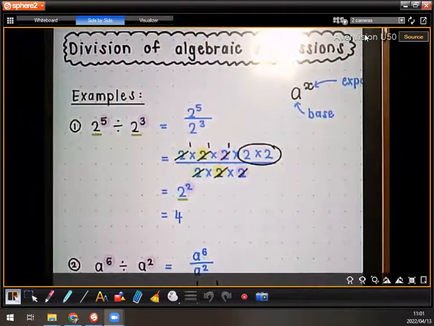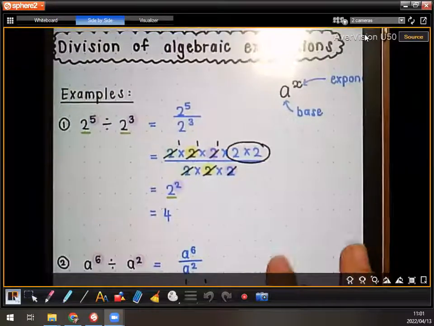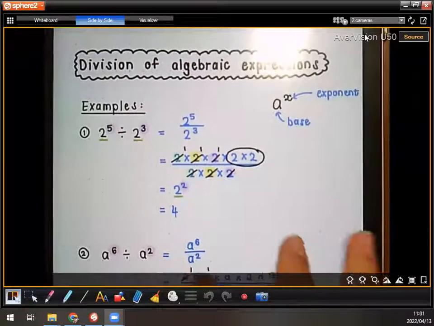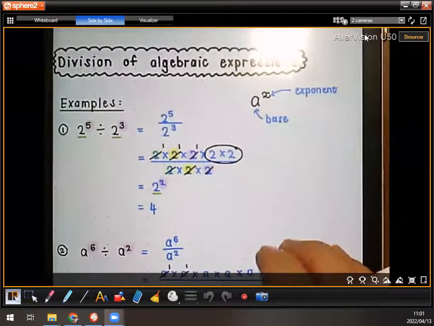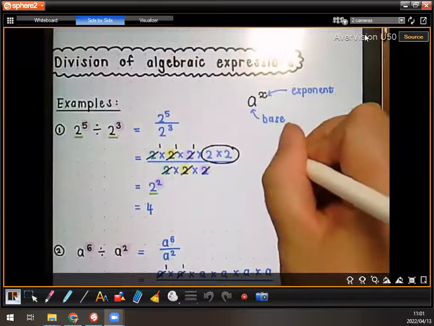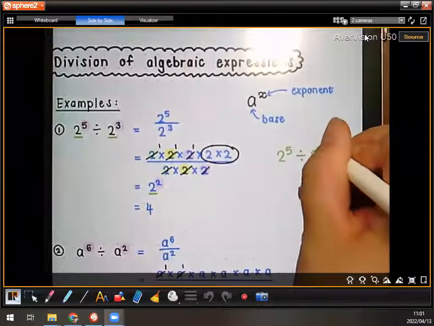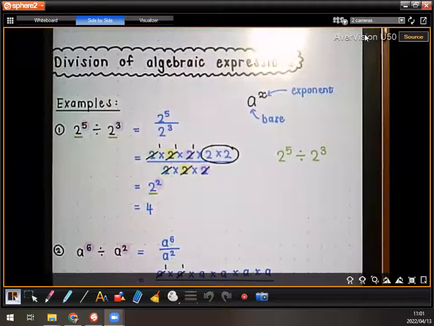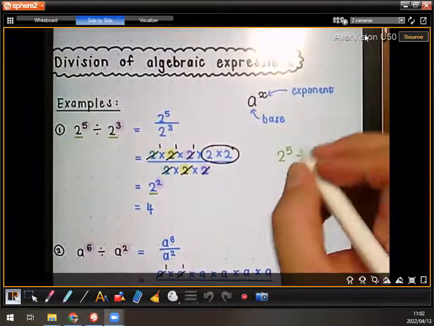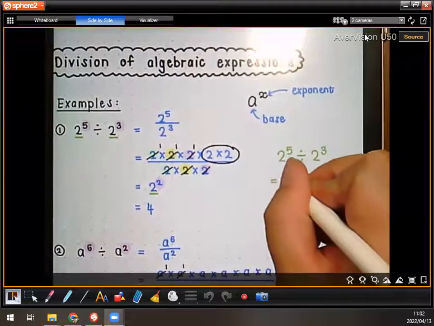So hopefully you have space next to this question so that we can just write it in a slightly different way. When you are saying 2 to the 5 divided by 2 to the 3, instead of writing 5 2's and 3 2's and then cancelling them out and then writing your answer, you can actually say that this is 2.